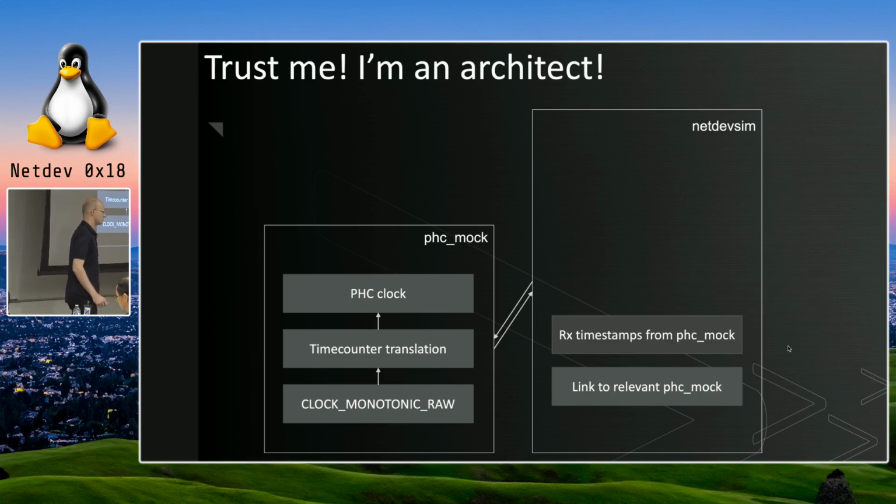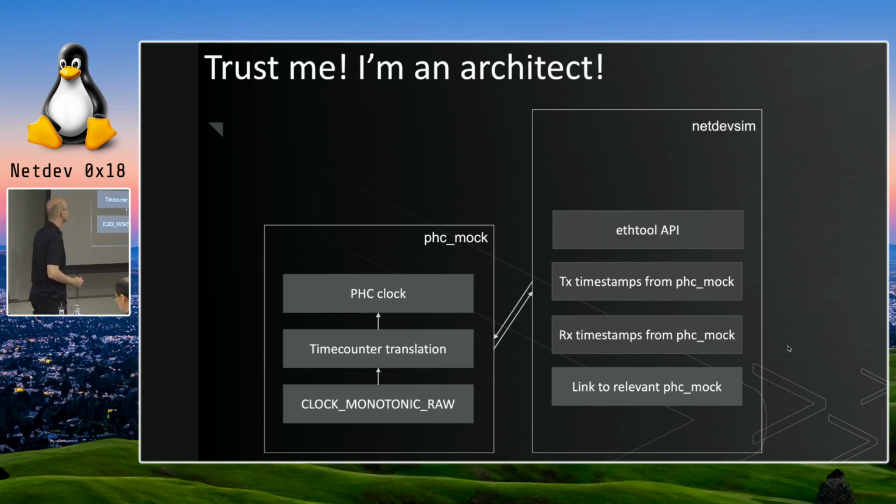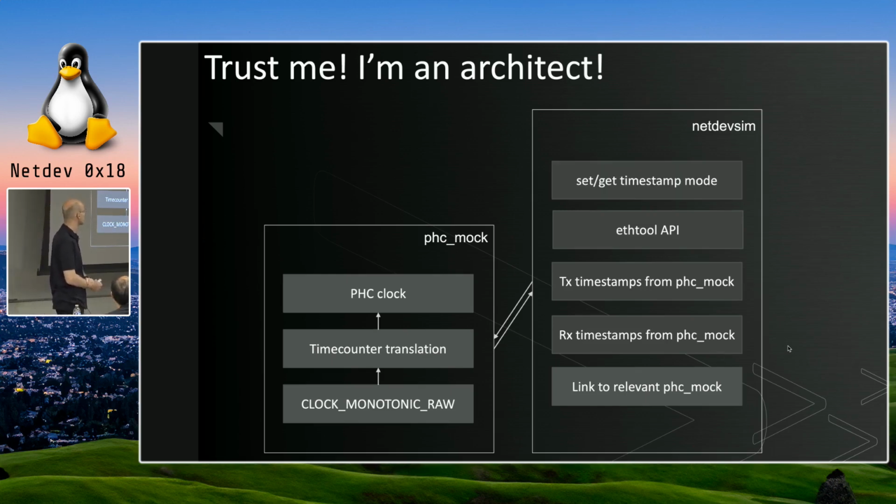Then we needed to mock up the receive timestamps, mock up the transmit timestamps, and implement the APIs for the Ethtool so that PTP4L can understand that we can do hardware timestamping, not only find the PTP clock attached to our device. And we needed to get the set and get timestamping modes ioctl calls supported.